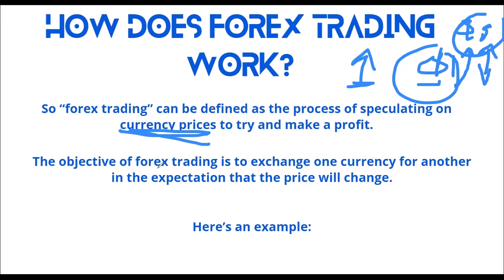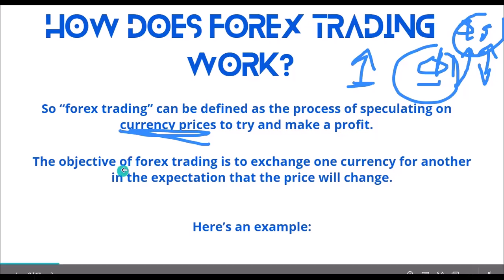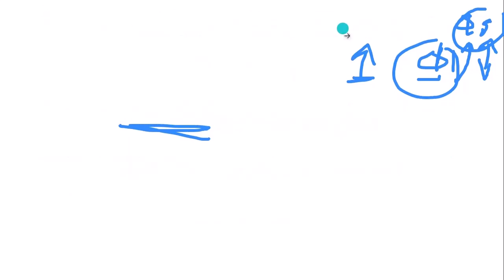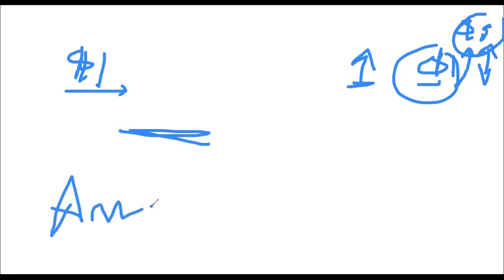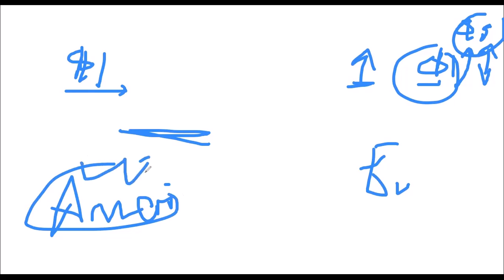So the objective of Forex trading is to exchange one currency for another in the expectation that prices will change, and you make a profit. Remember the example: let's say you are moving from America to Europe, and you want to change your USD to euros.